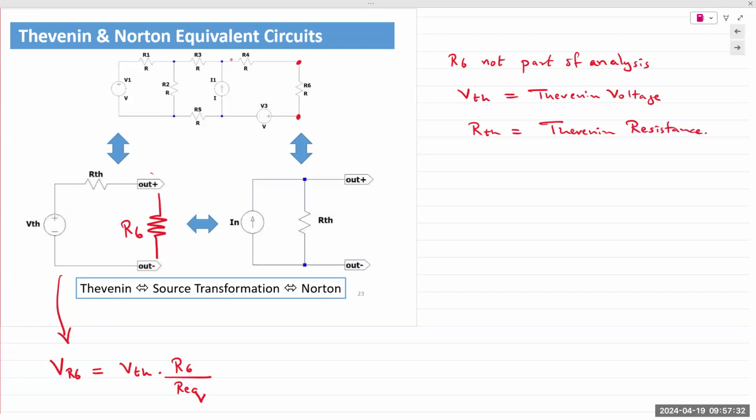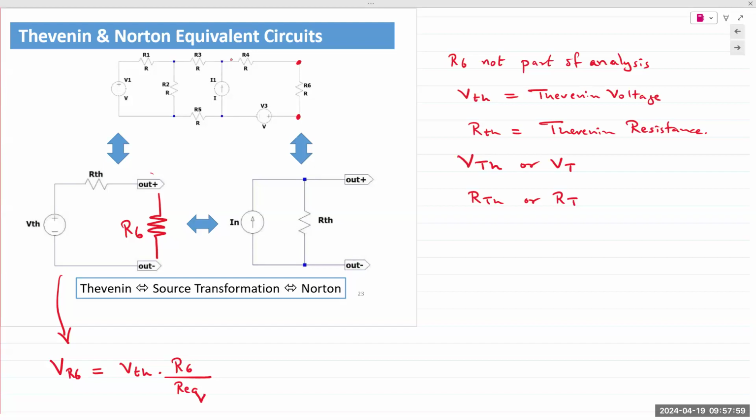Sometimes the notations might change. It could be VTH uppercase, or it could simply be VT. This could be RTH or simply RT. But if you see this in a circuit and a question, you should recognize it is talking about a Thevenin voltage and Thevenin resistance.